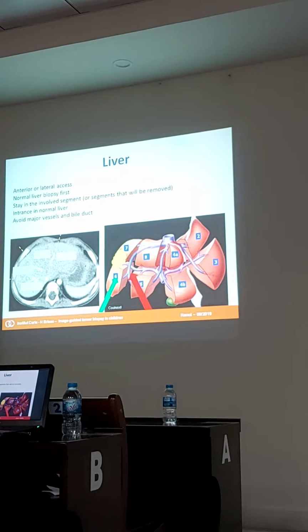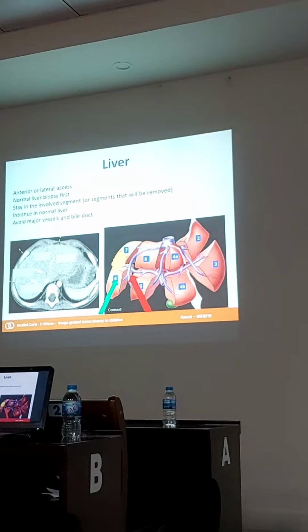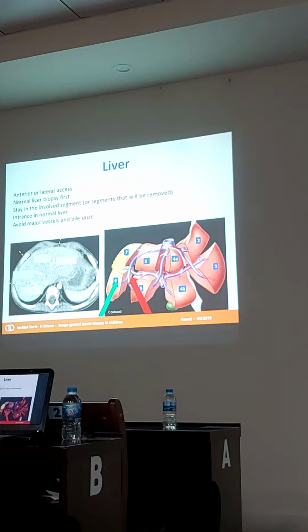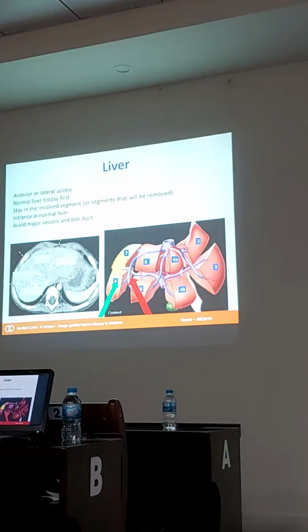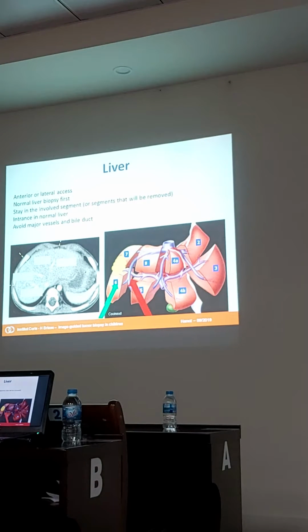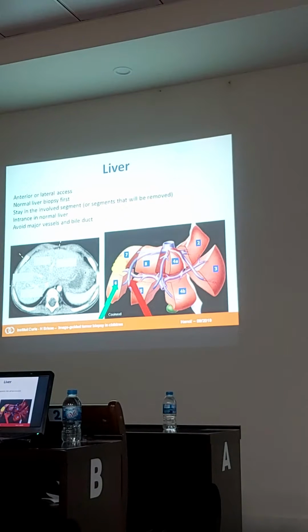One point also is the liver. For the tumors of the liver, when you perform biopsy, it's very important to remember that the surgeon will try to preserve as much normal liver as possible. So you should not go with your needle biopsy through the normal liver that will remain after surgery.